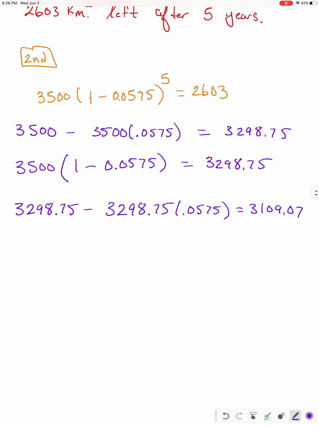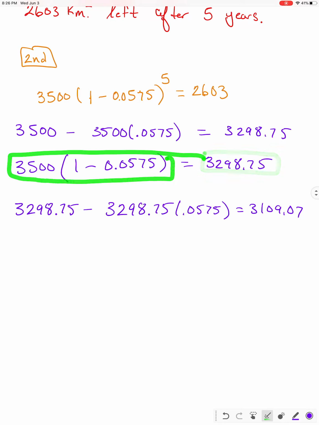Okay, now notice that 3,298 is here and it's there, but also 3,298 is equal to this number. So let's replace all of those.